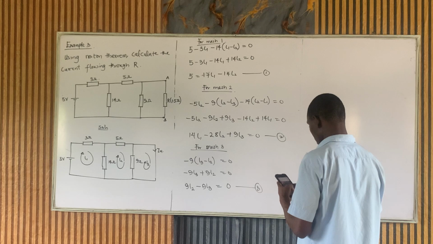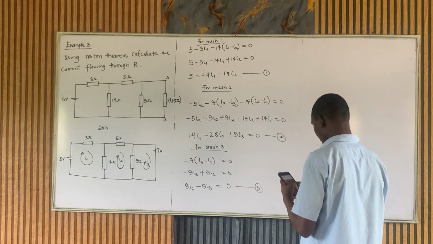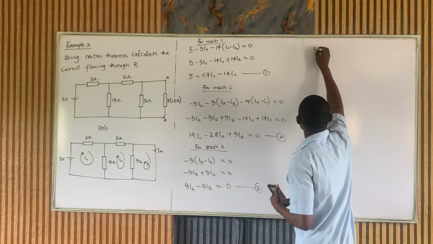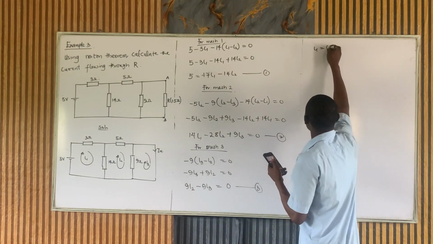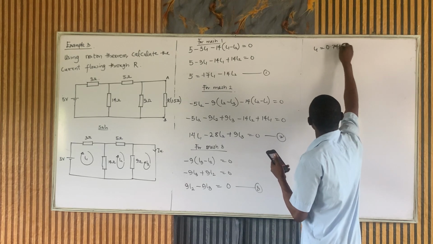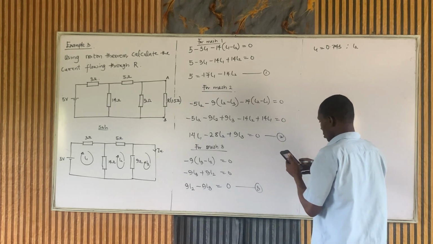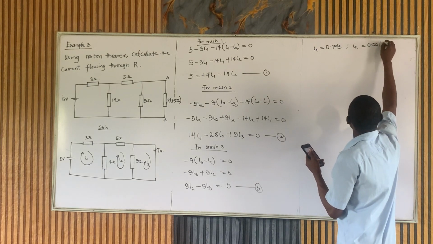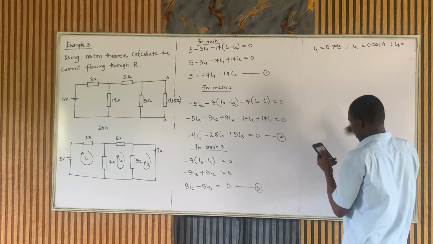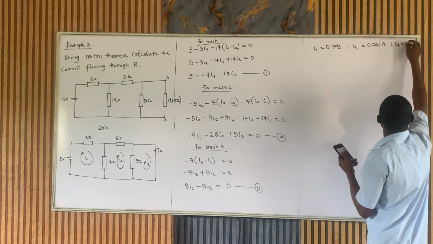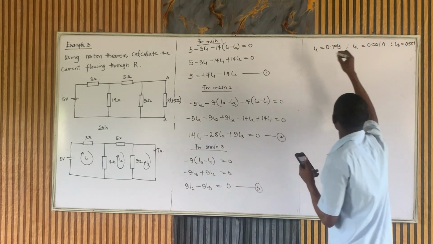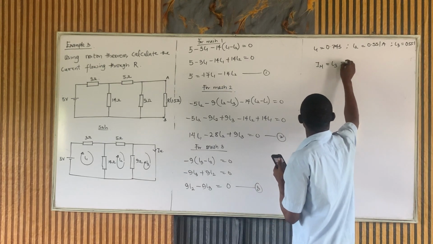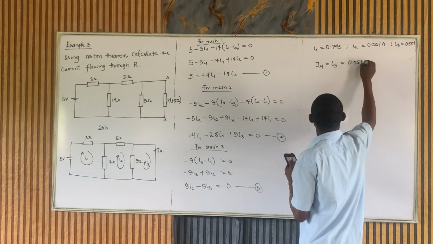The last one is 0, 9, minus 9 and 0. So we have our I1, which is not needed for me, 0.743. I2, 0.551. I3, 0.551. So I can simply say that IN is the same as I3, which is 0.551 ampere.